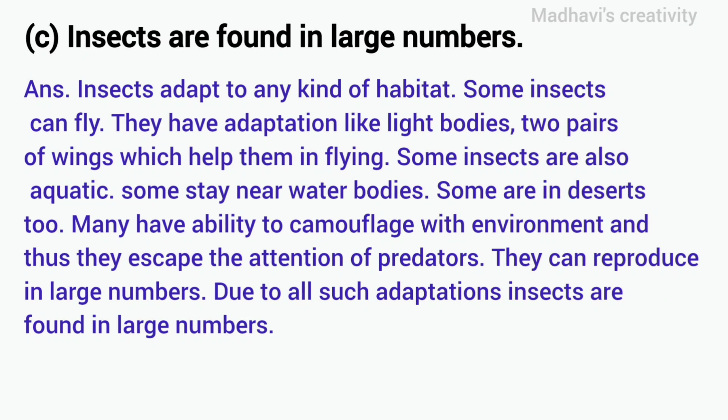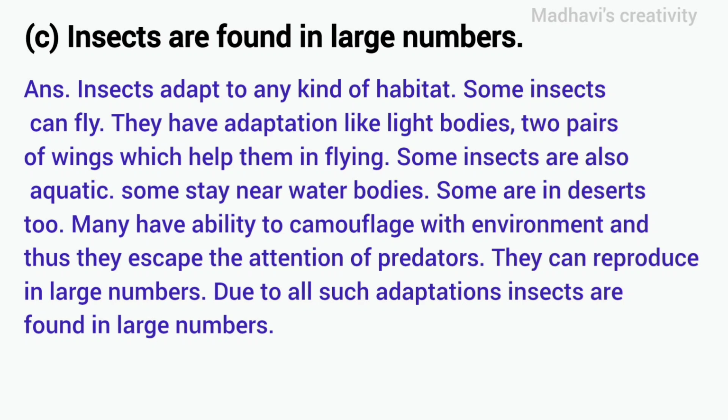C. Insects are found in large numbers. Answer. Insects adapt to any kind of habitat. Some insects can fly. They have adaptations like light bodies and two pairs of wings, which help them in flying. Some insects are also aquatic. Some stay near water bodies.